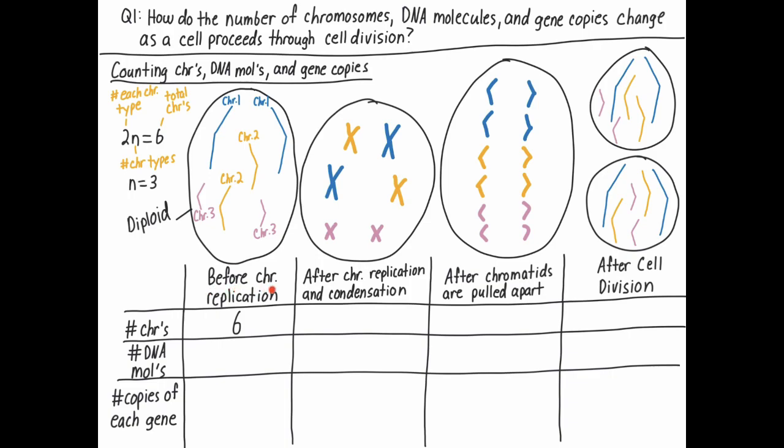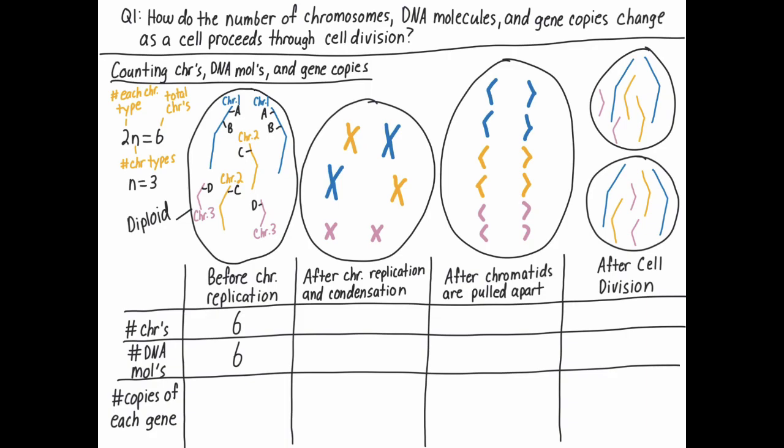Before DNA replication, each of the 2 chromosomes of each type consists of only one DNA molecule. We therefore have 6 DNA molecules in this cell. Recall that 2 chromosomes of the same type have the same genes, and chromosomes of different types, or non-homologous chromosomes, have different genes.